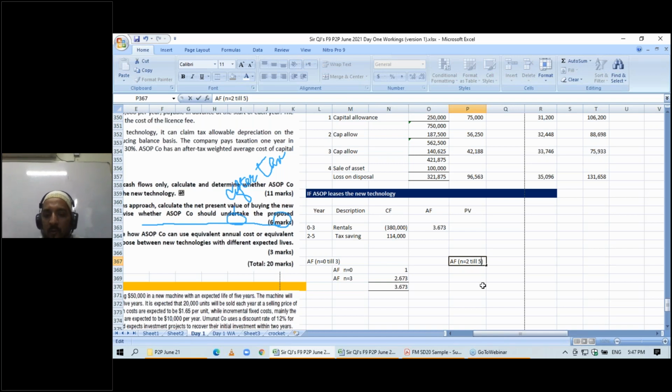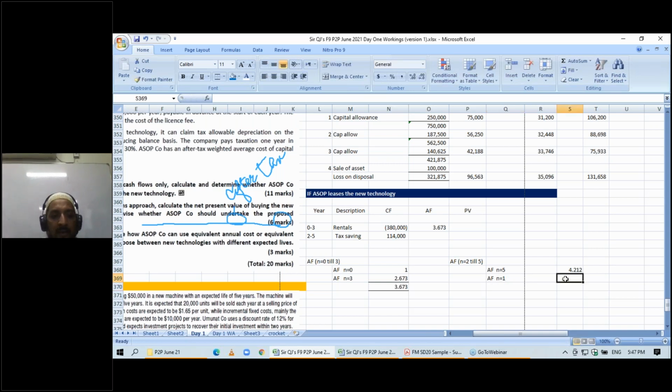Now, how will we calculate this one? Annuity fraction starts from year 1, 2, 3, 4, 5, but we don't need year 1. We just need year 2, 3, 4, and 5 annuity fraction. So first we will pick the annuity fraction when n equals 5, and this is at 6%, 4.212, and then deduct the annuity fraction when n equals 1 from it.